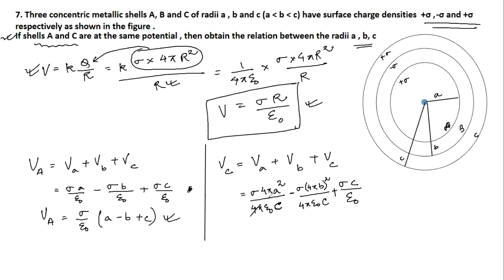Okay, so if we cancel out this 4 pi, 4 pi, you will have a bracket.